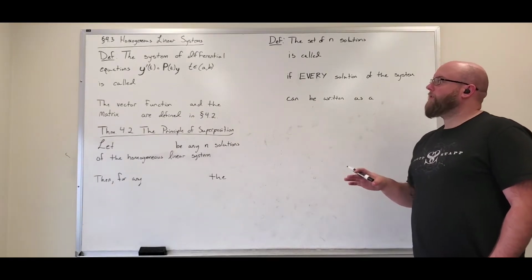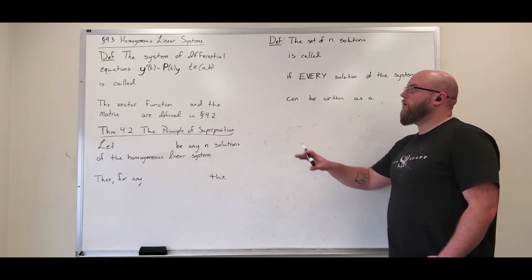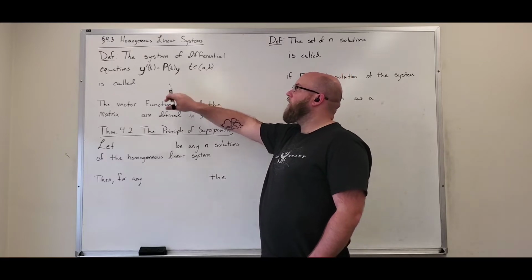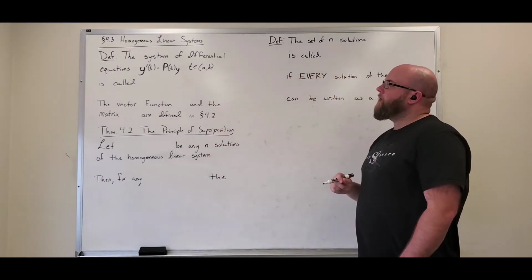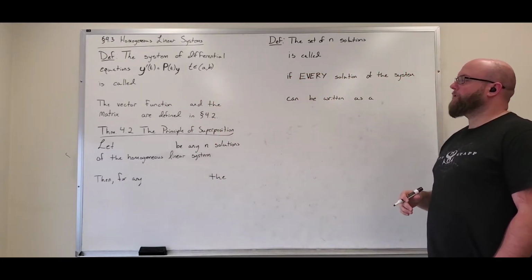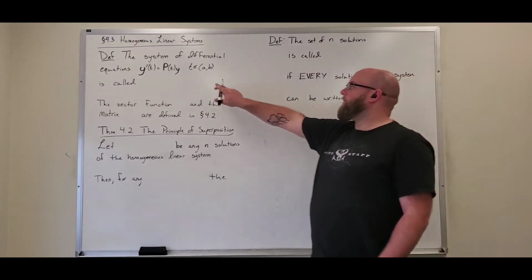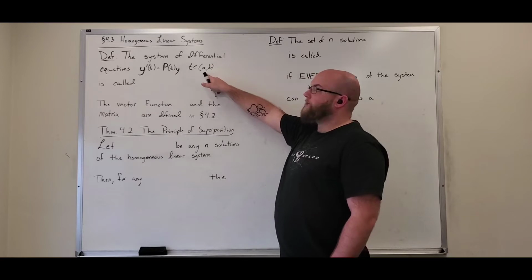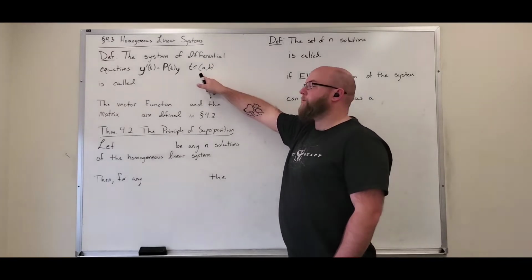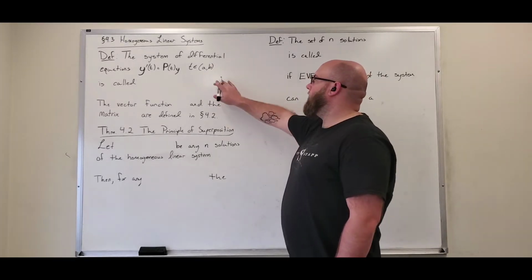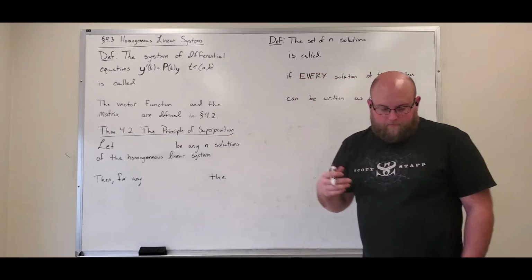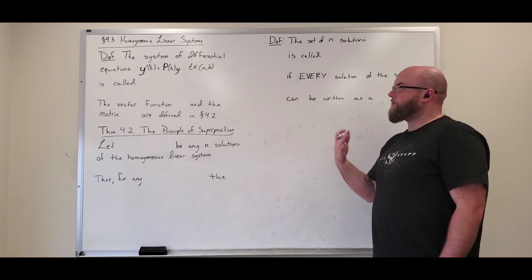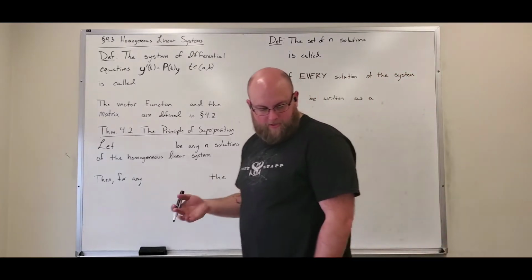So first of all, the system of differential equations, y prime is equal to P(t) y. Again, these are bolded letters. That's a little bit harder to see in this situation. Defined on some interval (a, b) where t is included. This notation is just saying t is an element of this particular interval. And so this is called a homogeneous linear system.